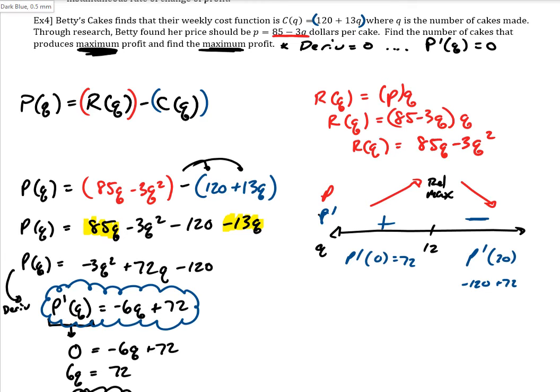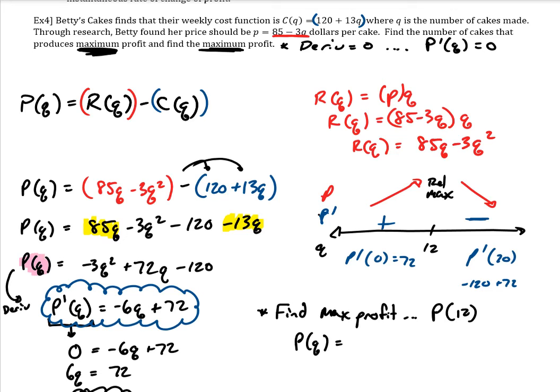Okay, and then what we need to do for our final step is find max profit, which is to plug that value into our original profit function. Okay, so our original profit function is right here. I'm just going to highlight the P of Q, and we're going to plug that in.